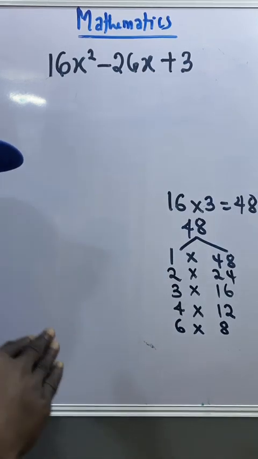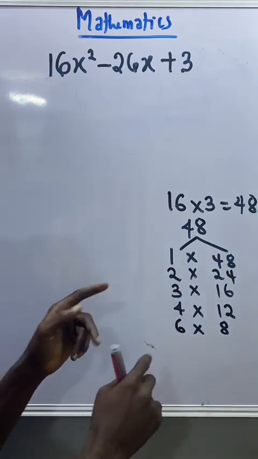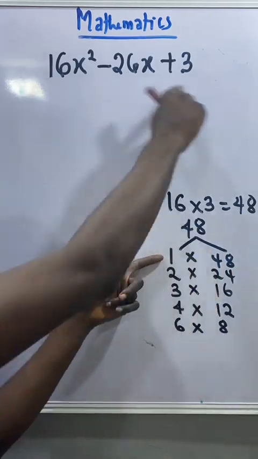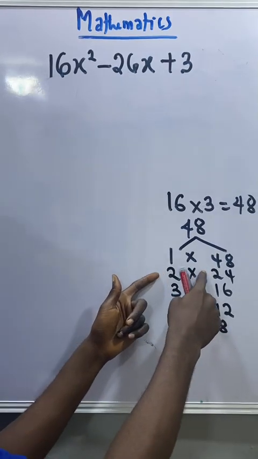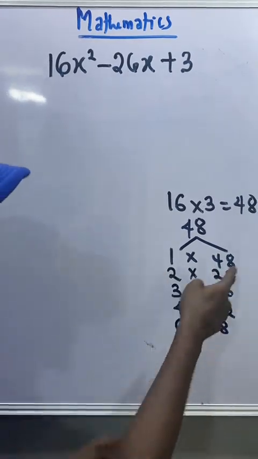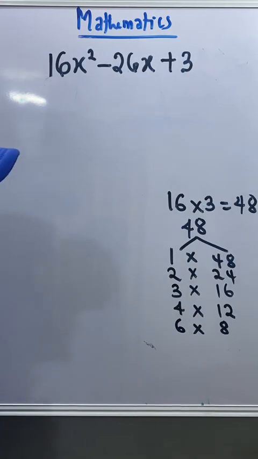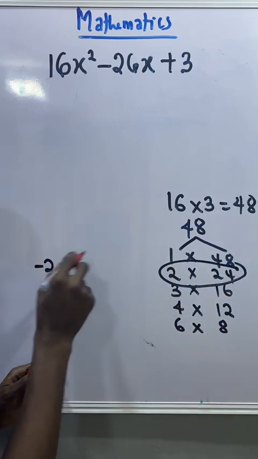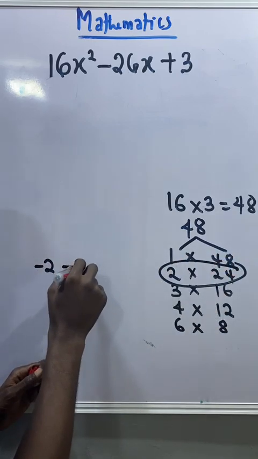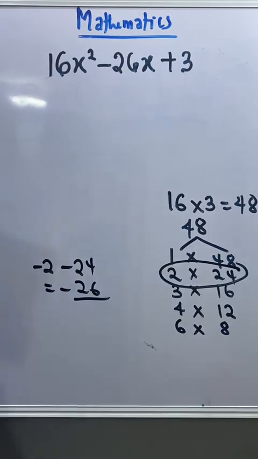I said this in the previous video. 1 and 48 cannot produce 26. 2 and 24 is to be considered. If you try other ones, none of them will produce 26. So 2 and 24, when we negate the 2 and the 24, give me minus 26, which is what I need.